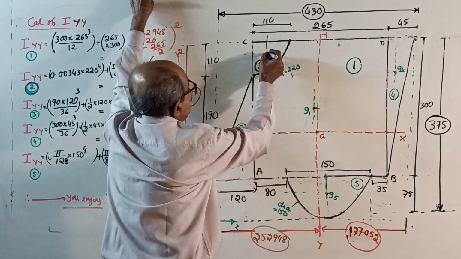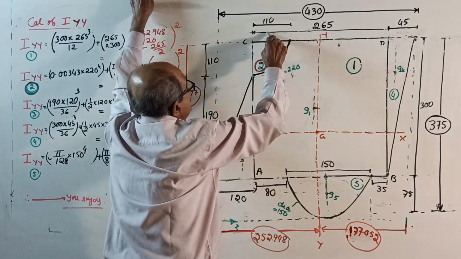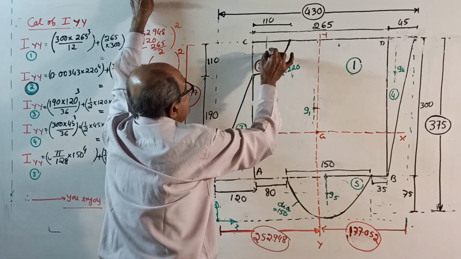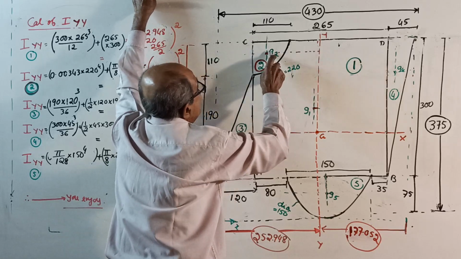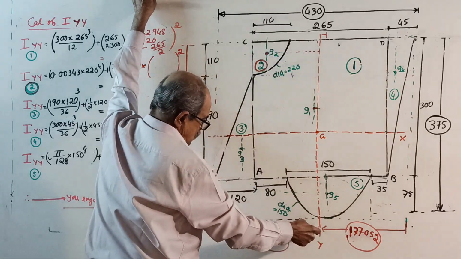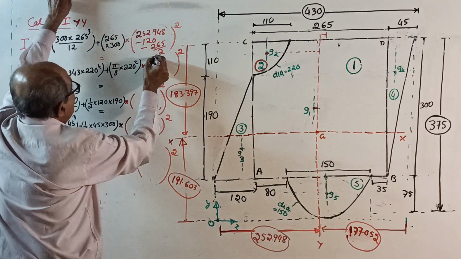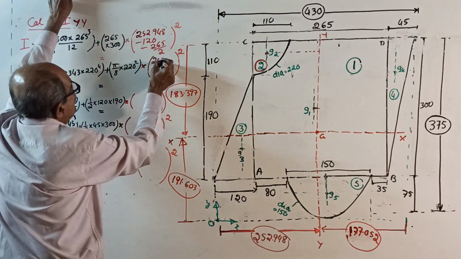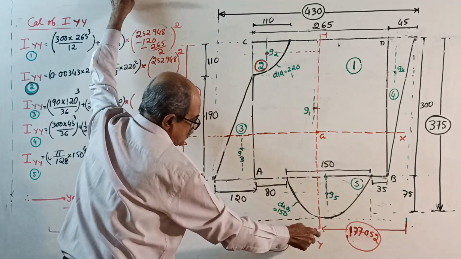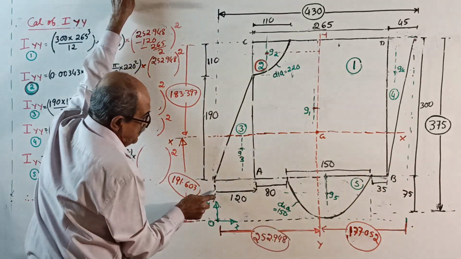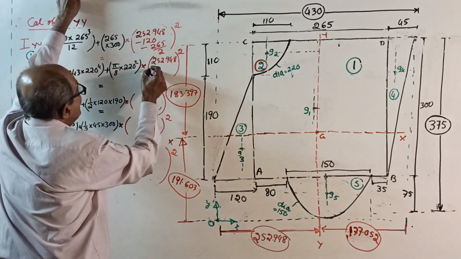Figure 2 or component 2. I about its own axis plus area into, see, this distance square. That distance is 252.948. Once you understand the principle, there is nothing. 254.948 minus 120.